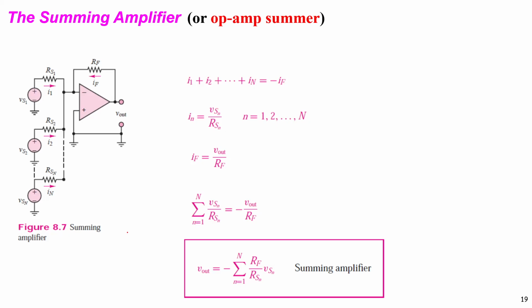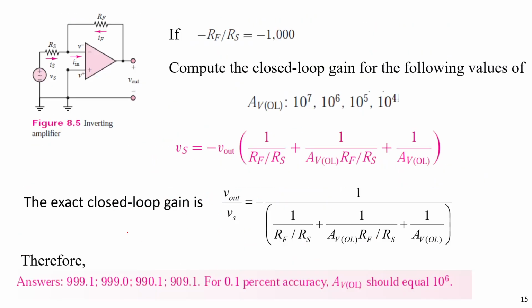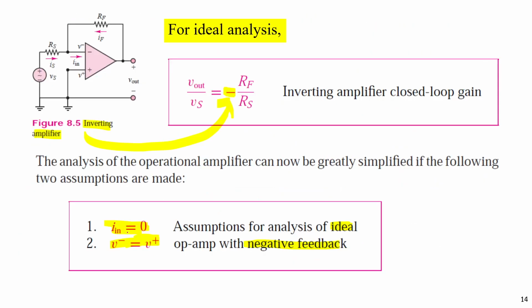Okay, now we talk about some other type of op-amp circuit. With this property, when we have negative feedback to the op-amp, V negative and V positive will be the same voltage.